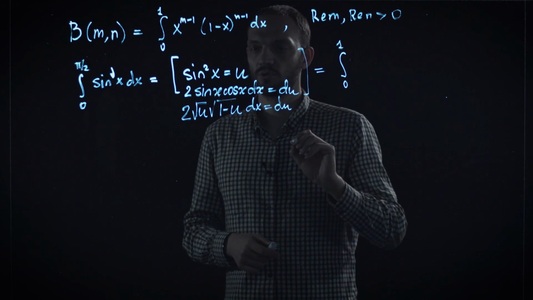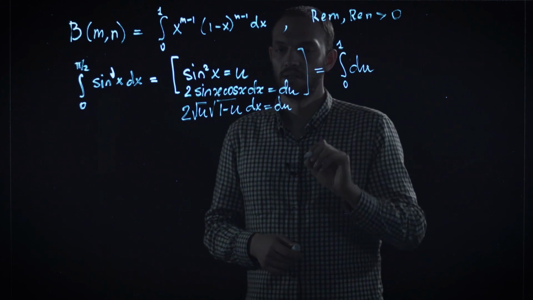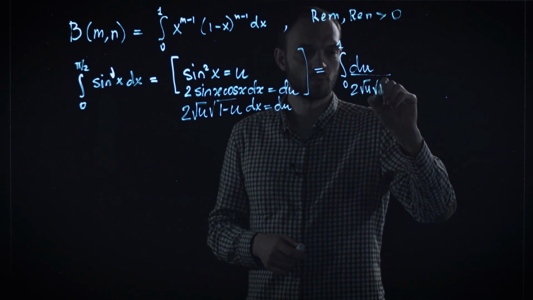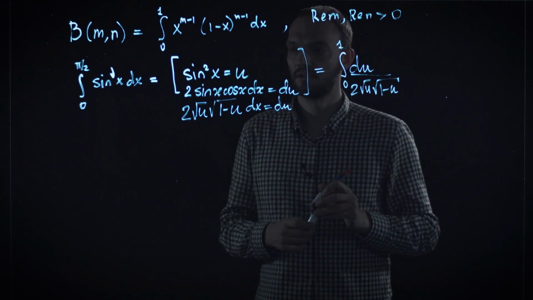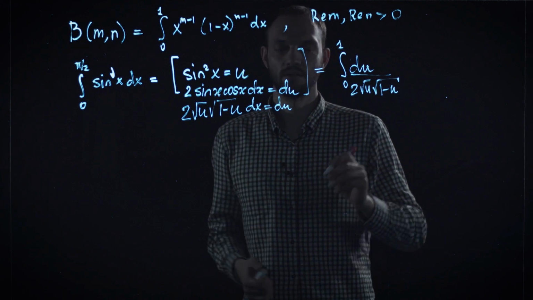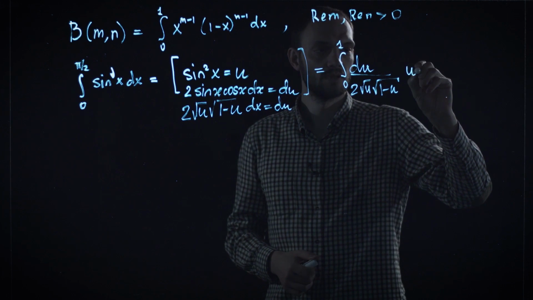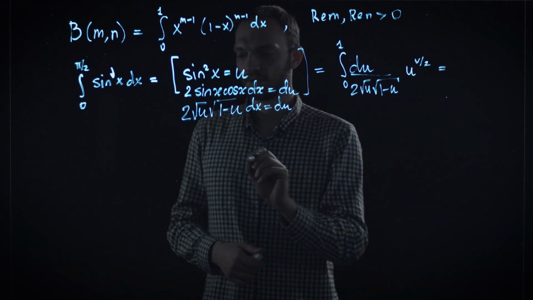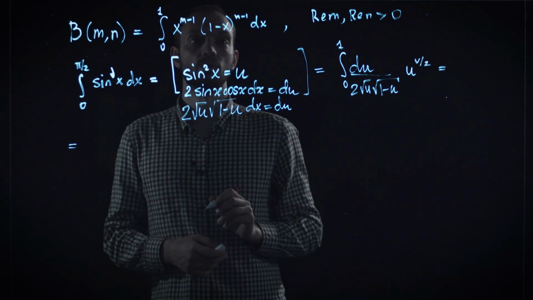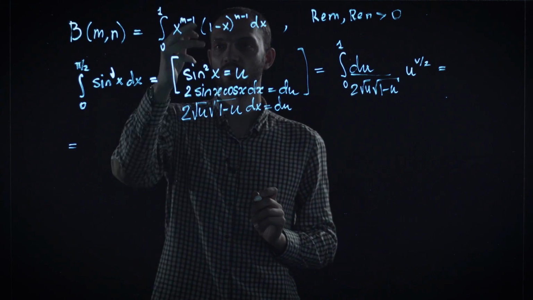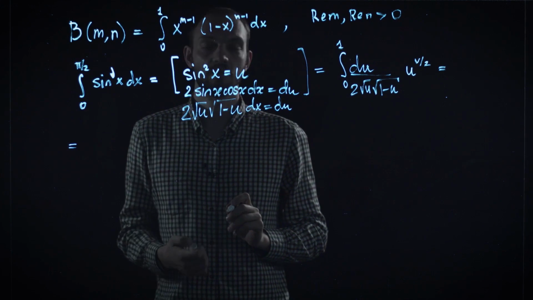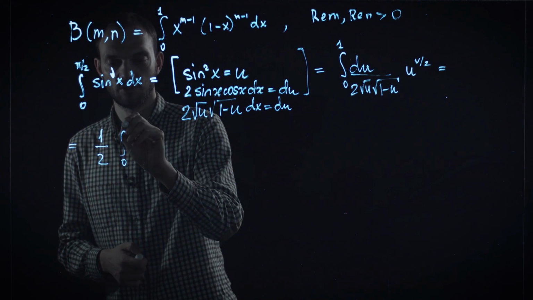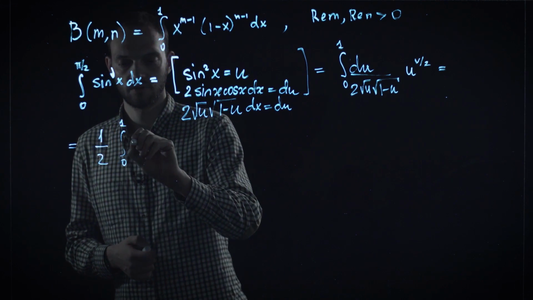The integration goes from 0 to 1 of du over 2 square root of u, square root of 1 minus u, and the rest comes from this u to the power nu over 2. The next step is almost trivial: reduce this integral to the form of the Euler integral, so that it becomes 1/2 integral between 0 and 1 of the following expression.